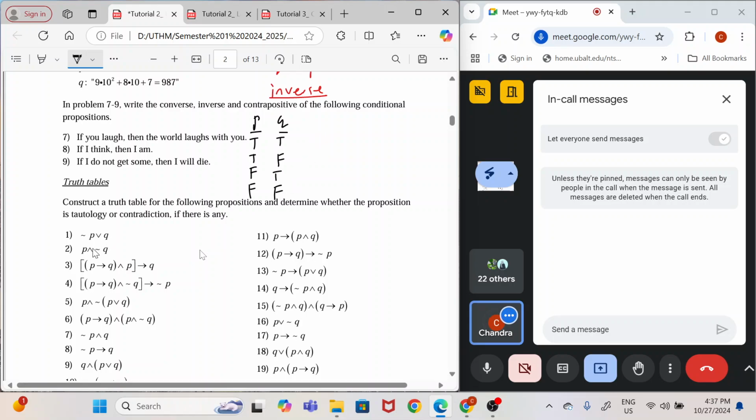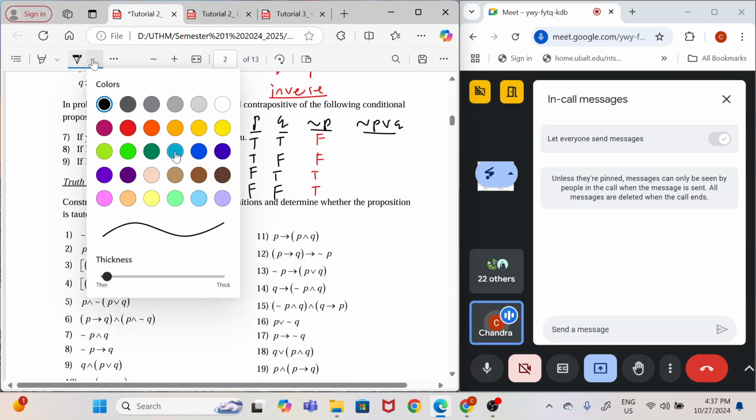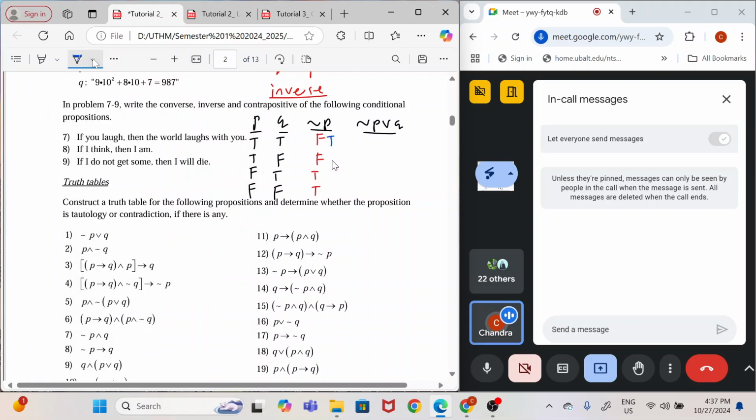What you have to find? Negate P: false, false, true, true. Then for your convenience, you can put the Q here. I'm writing the Q. The Q is TF, TF.